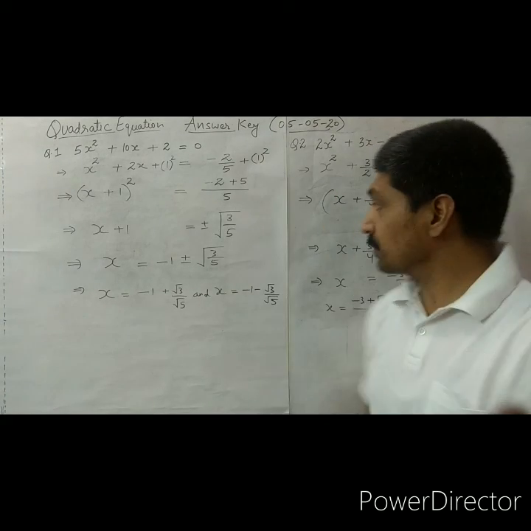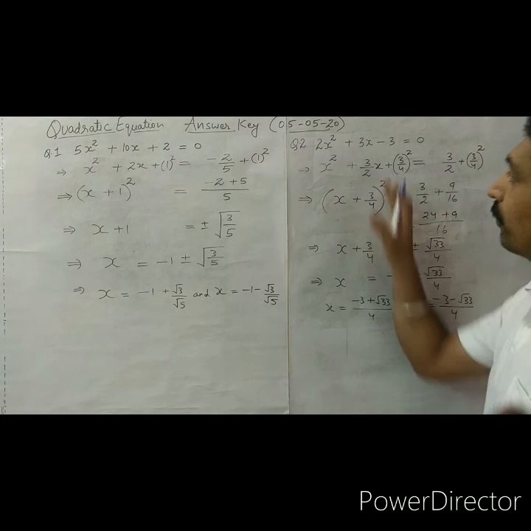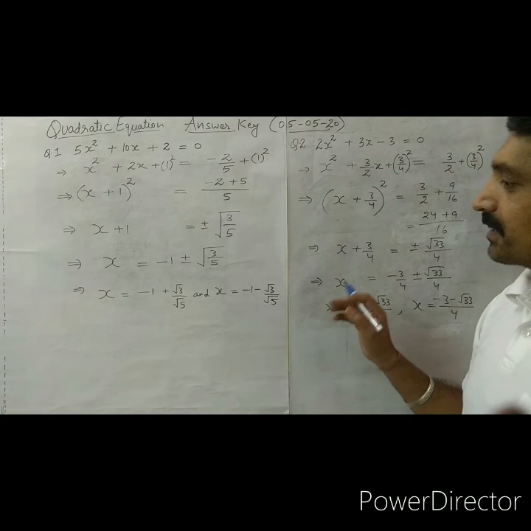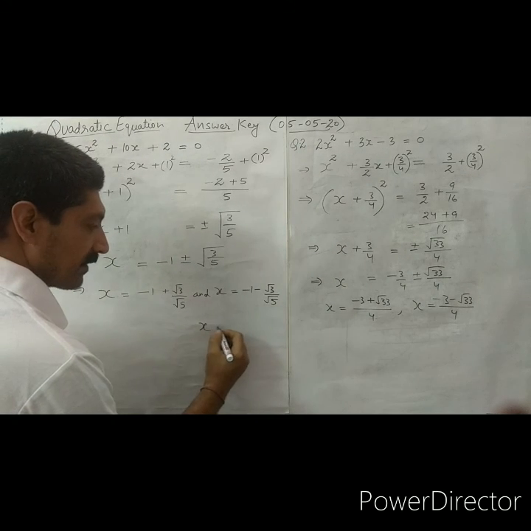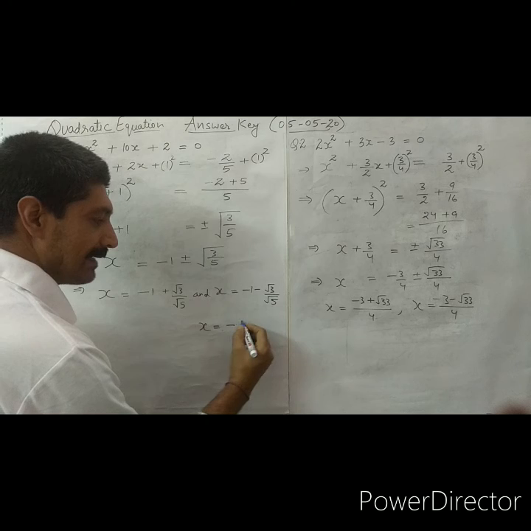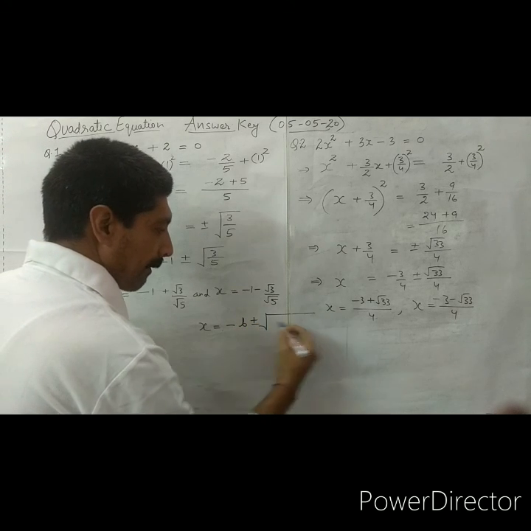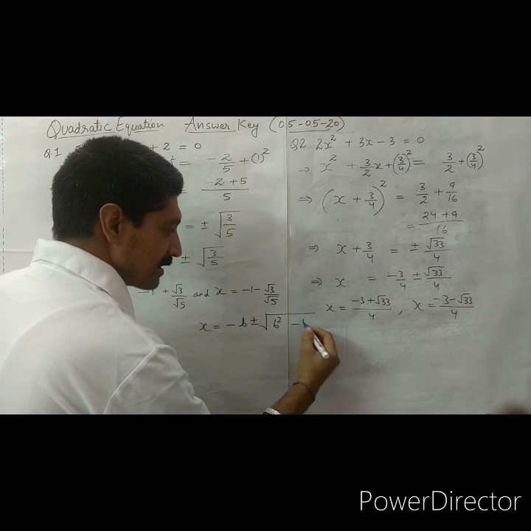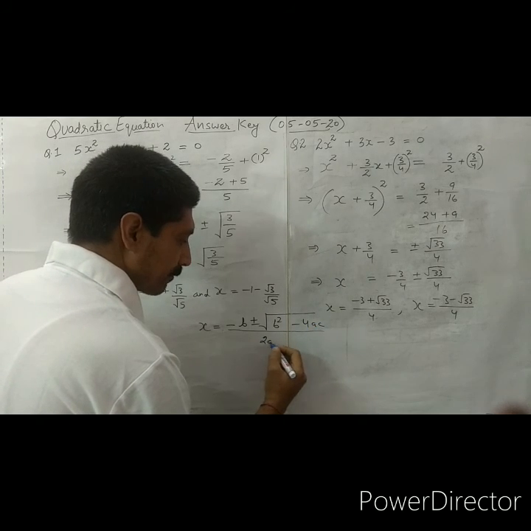Whereas in these questions, we can go directly with the quadratic formula also. The quadratic formula says that the value of x is equal to minus b plus minus under root b square minus 4ac upon twice of a.